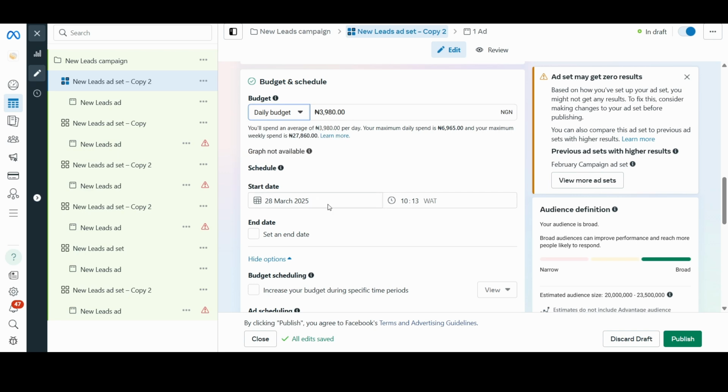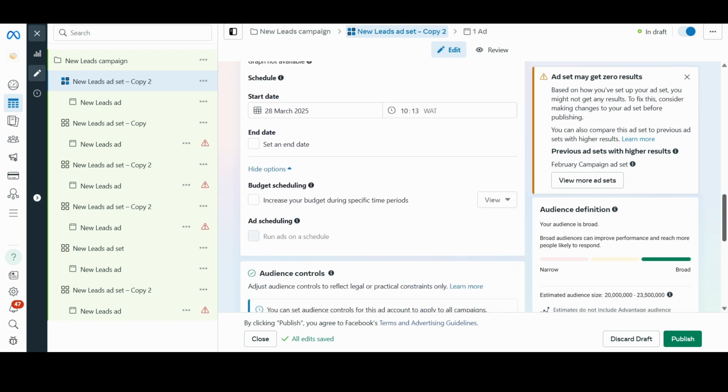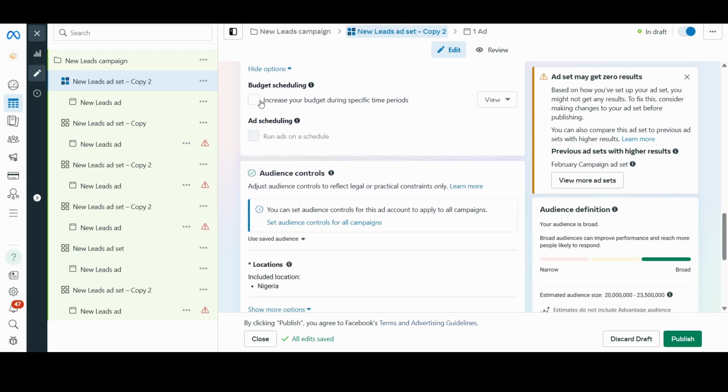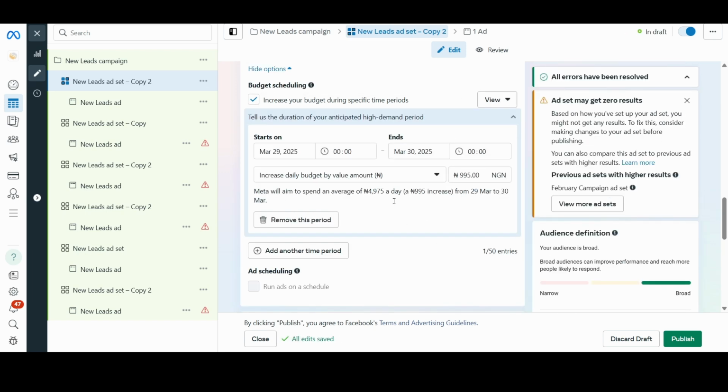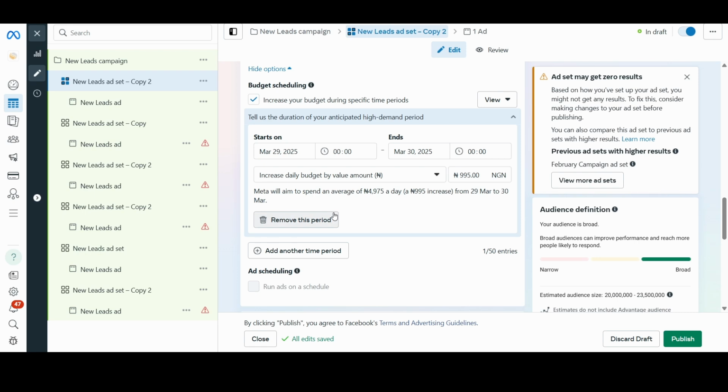And then for your schedule, most of the time we leave ads running for longer periods of time. So you have your start date. If you want to include an end date, then go right ahead and include your end date here. If not, you leave it and it's just going to keep running. You see ongoing. Again, just as I explained at the campaign level, you can also set up how you want the budget to run for each of the campaigns at this level and do all of that.